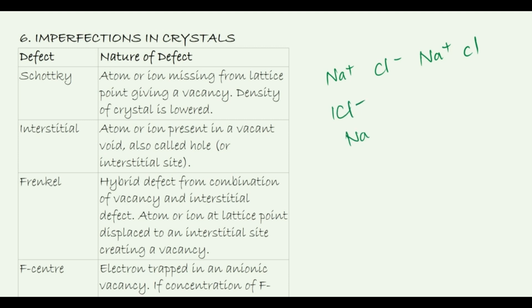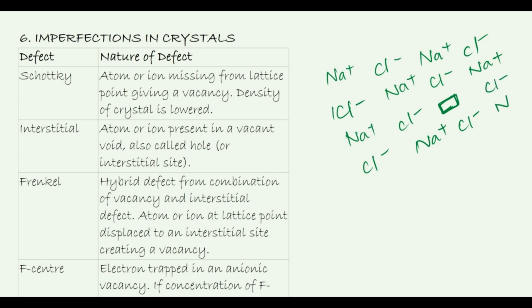Cl minus, Na plus, Cl minus, Na plus, Cl minus, Na plus. So one of those ions is missing from its particular place. So what can happen? The overall system creates a vacancy, so the density of the crystal becomes lower, isn't it? So the density becomes lower.